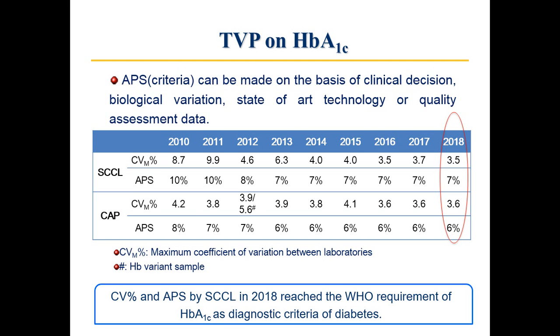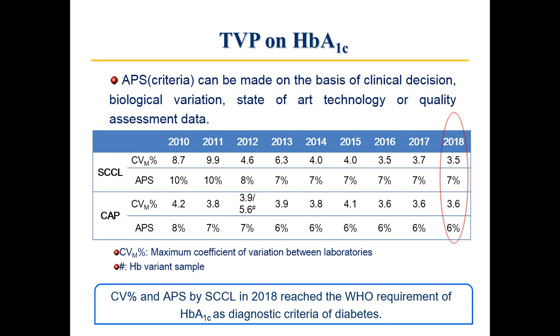For example, the APS of HbA1c is made mainly on the basis of reference change value, which is the difference between two consecutive test results above 0.5% HbA1c. This change represents the significant clinical changes that need therapy modification. Thus, it requires intra-lab CV below 2% and inter-lab CV below 3.5%.